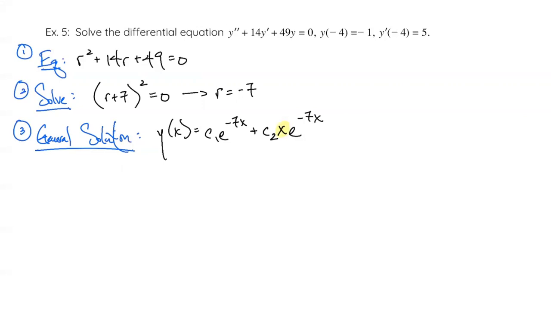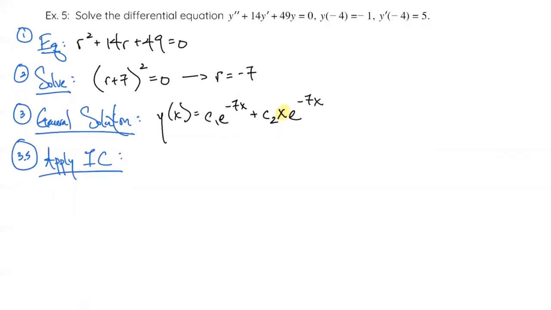Okay. That's my general solution. But because I have initial conditions, I need to do a little more figuring so that I can find values for c1 and c2.